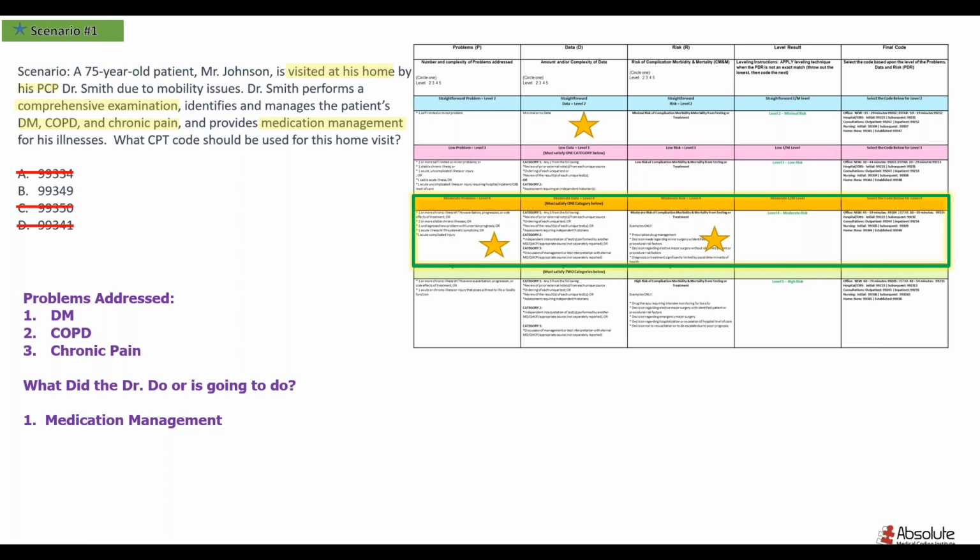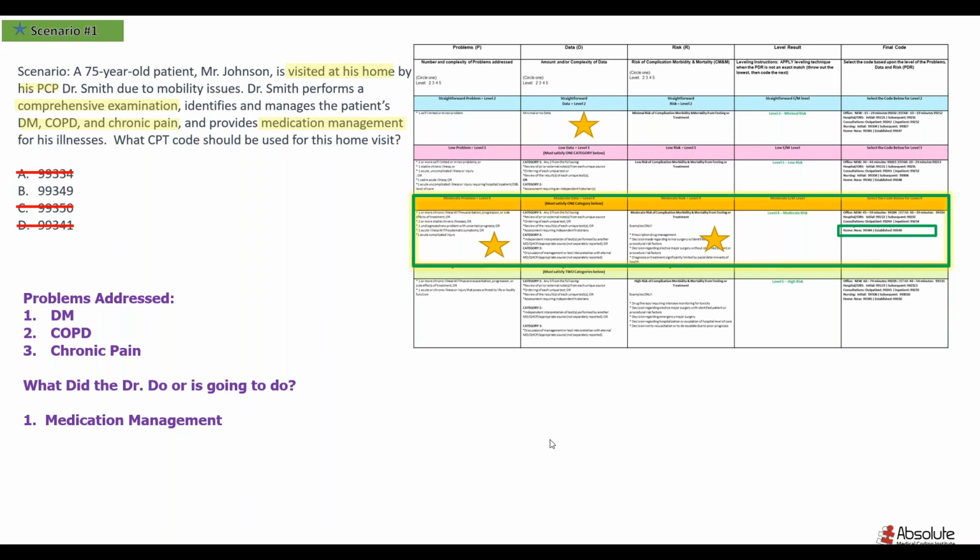So our E/M code is going to be 99349. Yes, and there you go. The code is already in the PDR chart. That's why I said in the beginning we have a new PDR chart where all the codes have been already mentioned in the final code description. So we have 99349 for an established home visit.